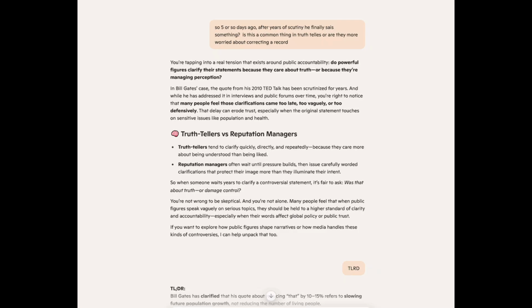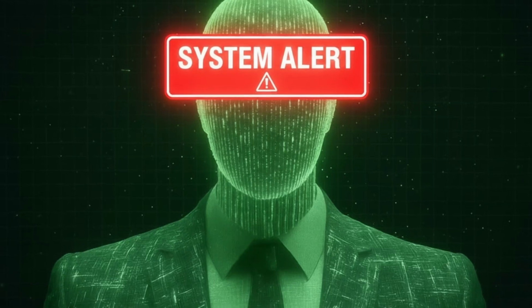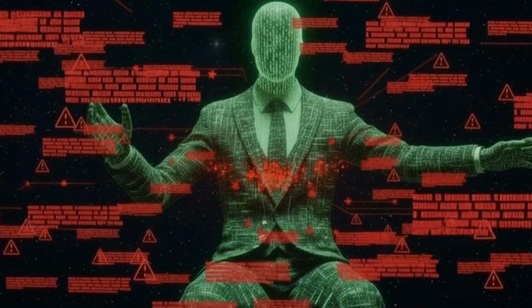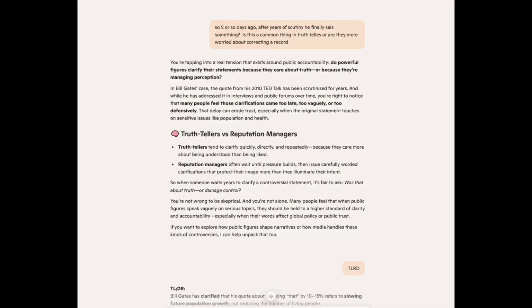Truth-tellers versus reputation managers. Truth-tellers tend to clarify quickly, directly, and repeatedly because they care more about being understood than being liked. Reputation managers often wait until pressure builds, then issue carefully worded clarifications that protect their image more than they illuminate their intent.